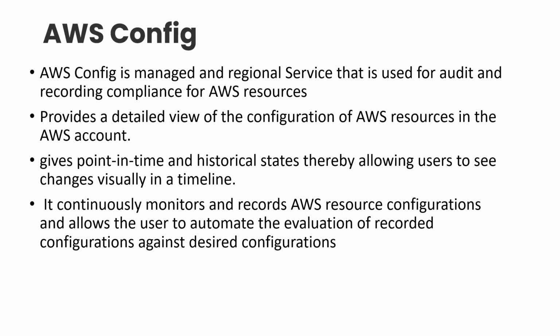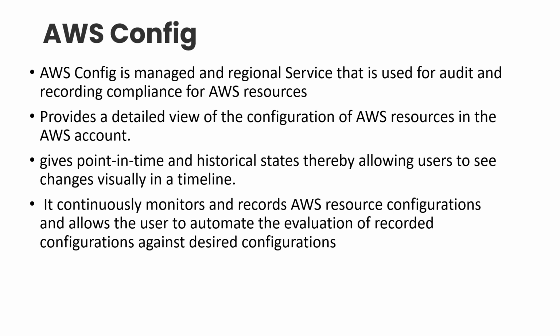AWS Config is a managed and regional service used for auditing and recording compliance of AWS resources. It provides a detailed view of the configuration of AWS resources in the AWS account. It gives point in time and historical states, allowing users to see changes visually in a timeline.